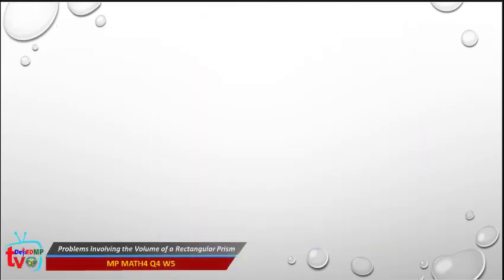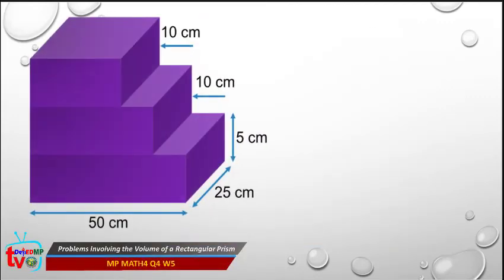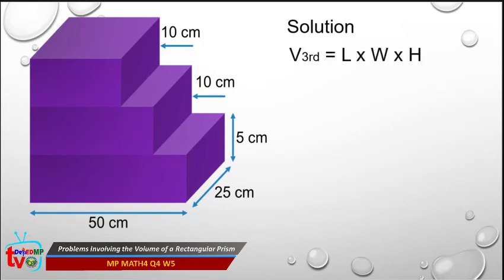In order to find the volume of the third layer of the cake, we follow the formula: length times width times height. In this problem, the length of the third layer is not given. Width is equal to 25 centimeters. Height is 5 centimeters.